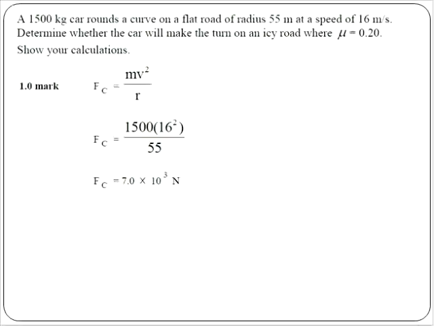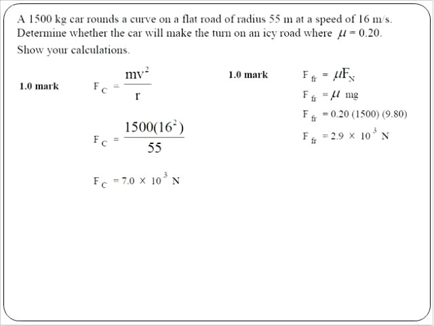Then they found the frictional force, and they found that the frictional force was only 2.9 times 10 to the 3, but the centripetal force that we needed to keep it moving in a circle was 7.0 times 10 to the 3. In other words, we needed 7,000 newtons of force, but friction was only providing 2,900 newtons of force.